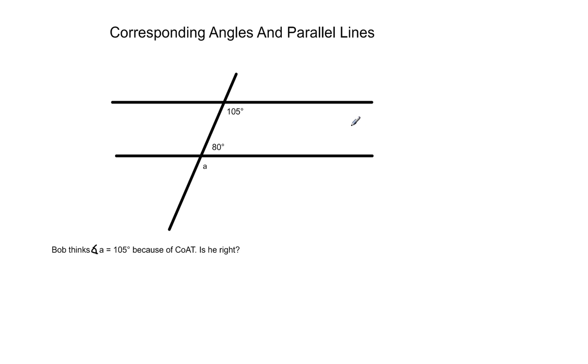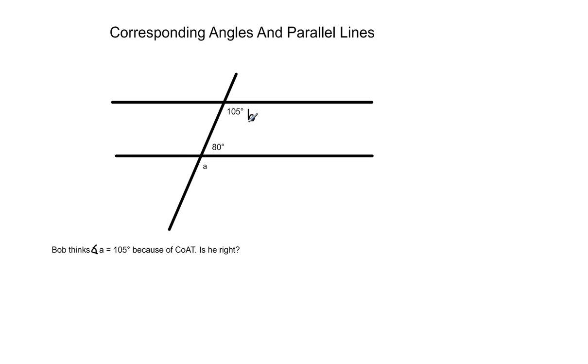All right, so hopefully you paused it, wrote a quick answer, and then we'll see how you did. It has to deal with the fact that, take a look at these two lines. They're straight, they're running side by side. What are we not told? We're not told they're parallel. So we actually don't know if A corresponds in value to this angle up here, 105.